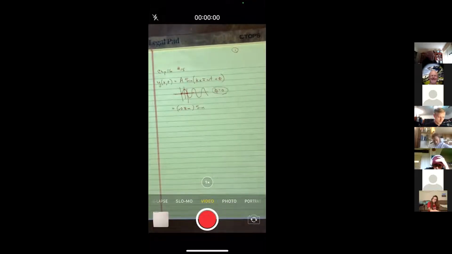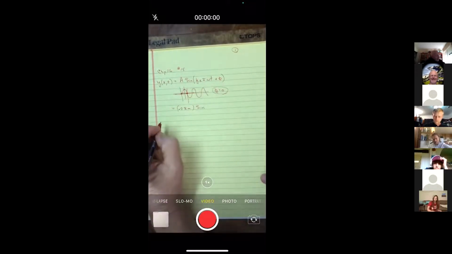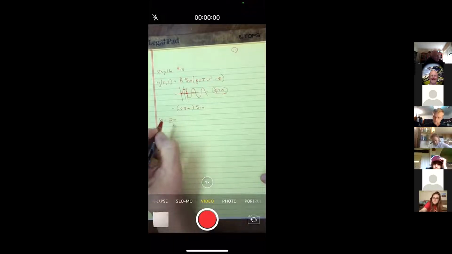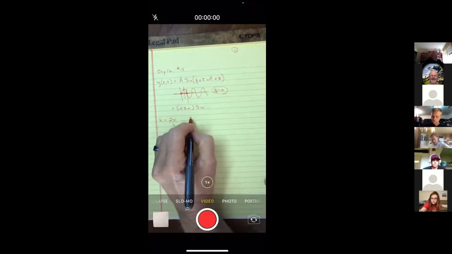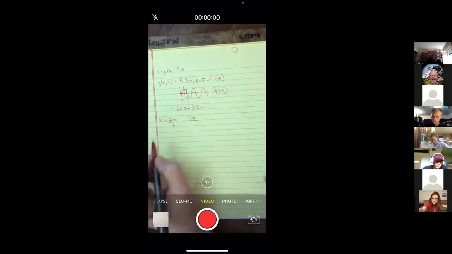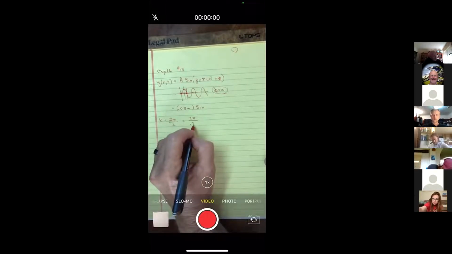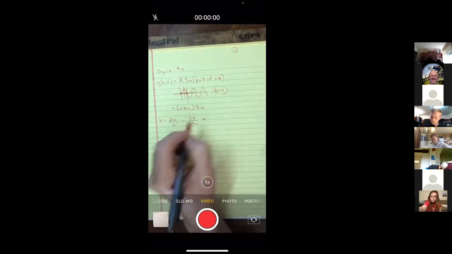They give the wavelength. Now, the k is called the angular wave number, and it is physically related to the wavelength. So to get the k value, I take 2 pi and divide by the wavelength, and that's the next piece. They said the wavelength is 80 centimeters, which I'm going to put in meters.